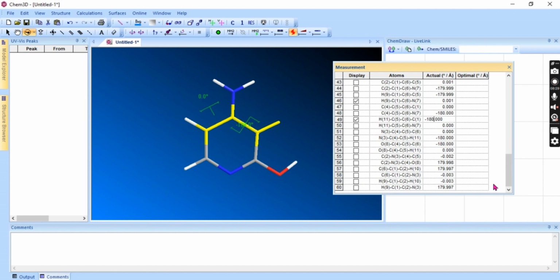This is the way we can show the dihedrals of each molecule.